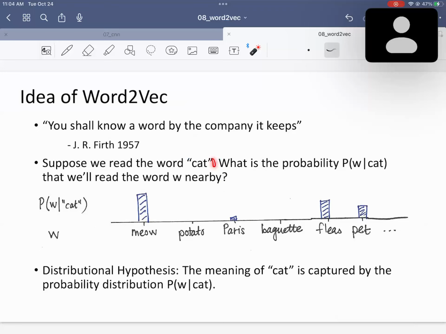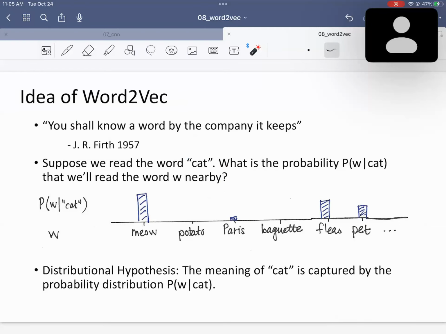Suppose we read a word cat somewhere in any document. Suppose we observe the word cat. Then what is the probability of some word W occurring nearby? What is the probability that some word will occur in the vicinity of cat? Obviously, meow has a very high probability of occurring in the same sentence or paragraph, as opposed to potato.